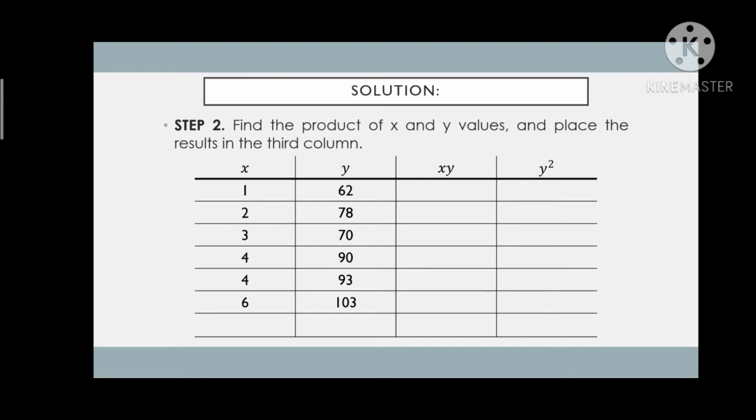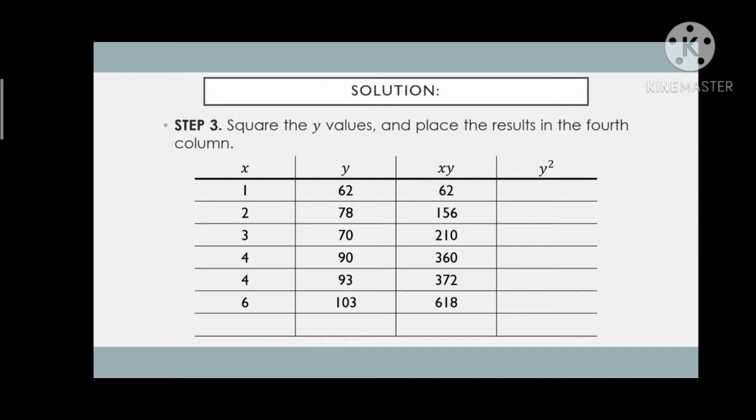We have 1 times 62 equals 62. 2 times 78 equals 156. 3 times 70 equals 210. 4 times 90 equals 360. 4 times 93 equals 372. 6 times 103 equals 618. Step 3. Square the y values and place the results in the fourth column.